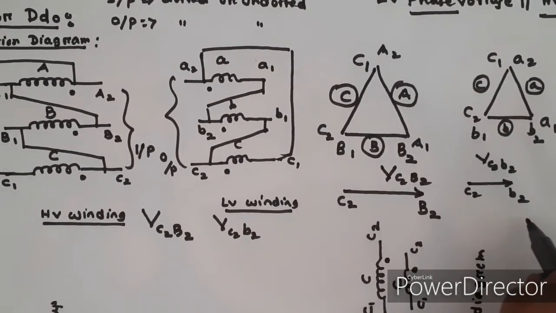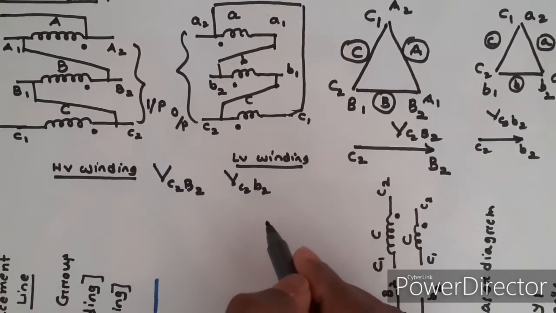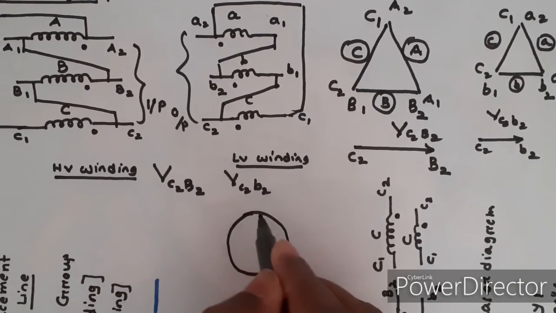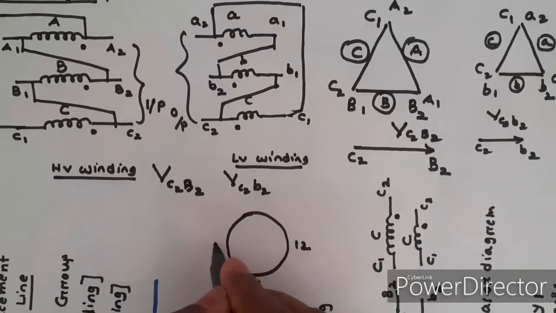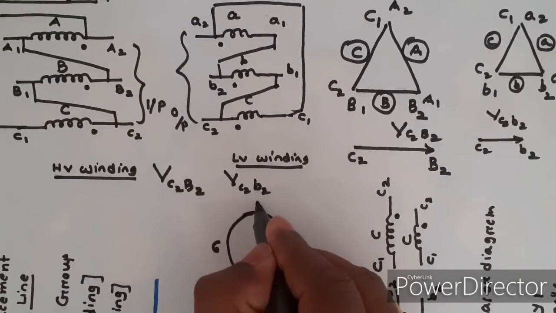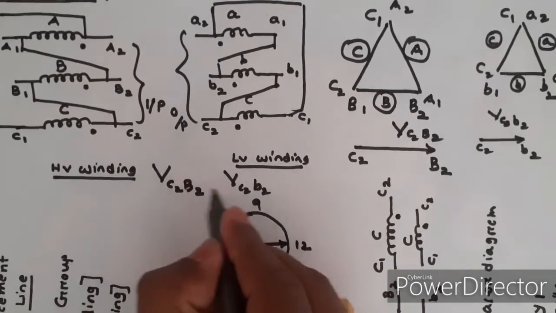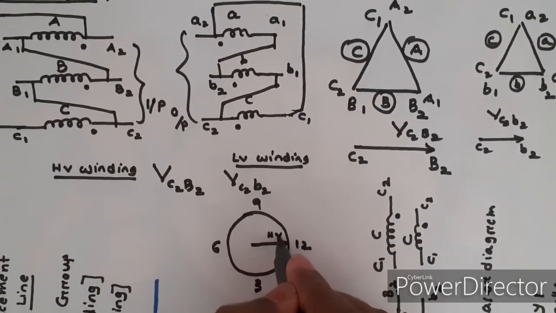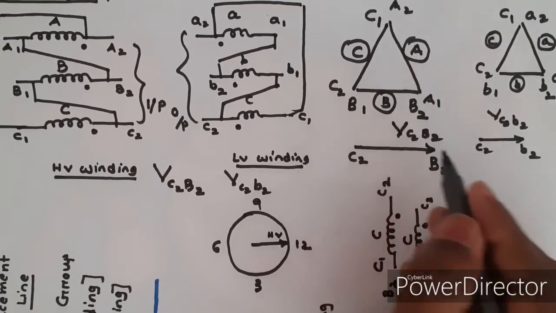Therefore, if we compare with the help of clock diagram, suppose it is 12 o'clock, then it will be 3 o'clock, 6 o'clock, 9 o'clock. This is the HV line voltage, V of C2 B2 in this direction.